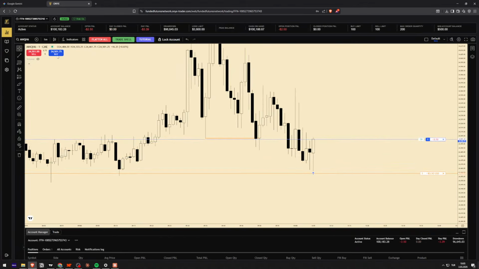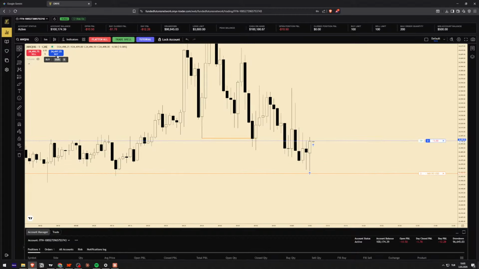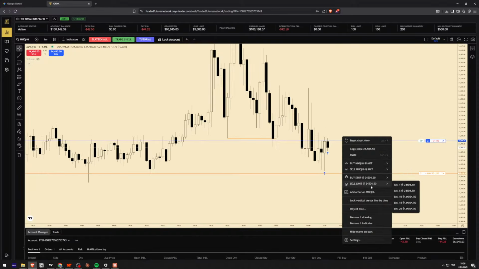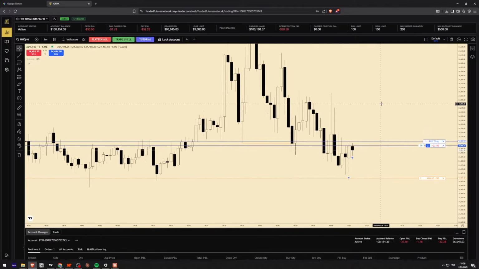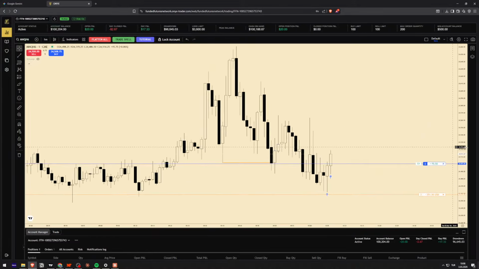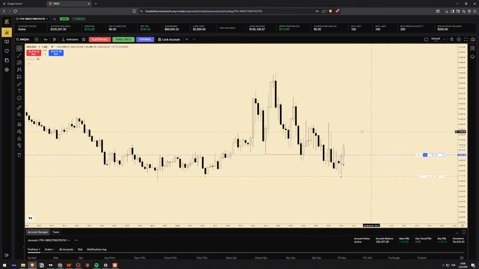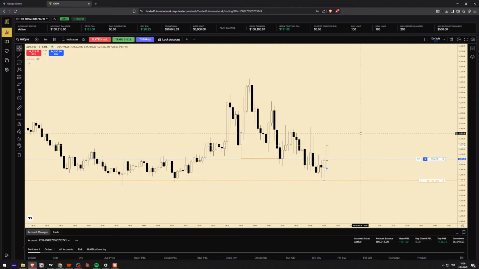Stop loss here. Buy another one. Another one if price keeps going. Good. The position size is alright, I guess.